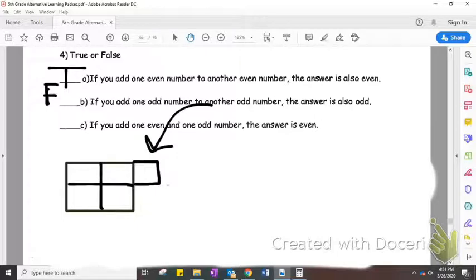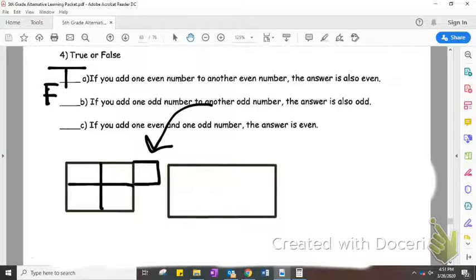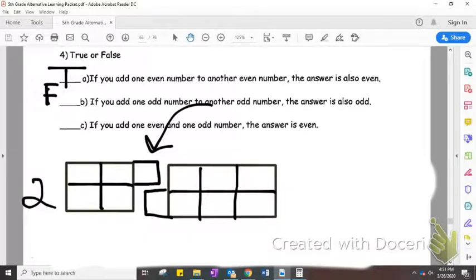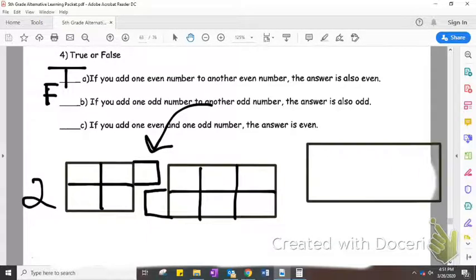If we were to add 5 plus 7, they kind of fit together like Tetris. They fit together to make an array that is divisible by 2. They make this array.